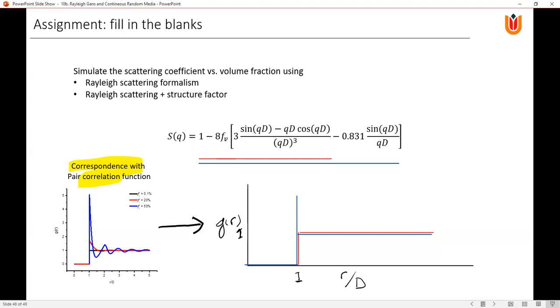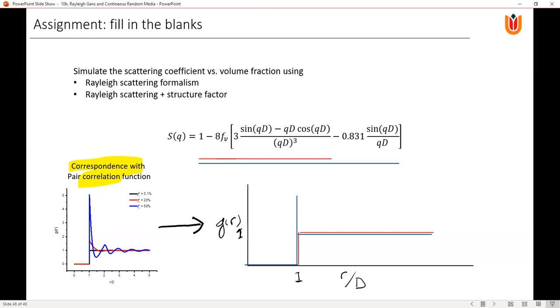For higher volume fractions, we saw that the probability of finding a particle next to the particle itself increases. So a way to model that would be to include a delta function here. Then the model pair correlation function would look like a step function, but with an additional peak at exactly a separation of the diameter.